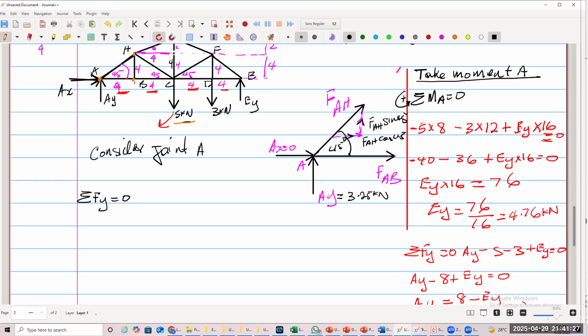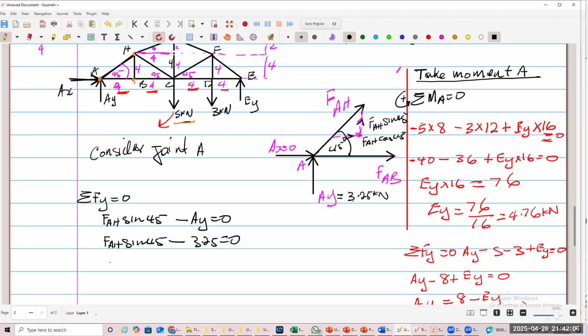Look for all of the forces going up. The first one is FAH sine 45, the component of AH in the vertical. And then the other one is the vertical force, which is AY. So the sum is equal to 0. From that, you can solve it because FAH we don't know: FAH sine 45 minus AY, 3.25, equals 0. Now you transpose.